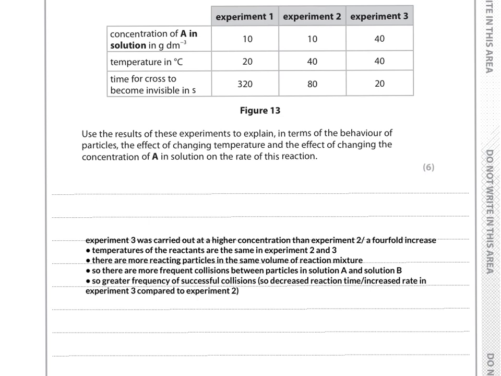So the last 2 marks were for saying the effect of concentration on rate of reaction, and here we're looking at the difference between experiment 2 and experiment 3, and we've kept the temperature the same, but what we've done is we've increased the concentration by a factor of 4, and that increases the rate of reaction.